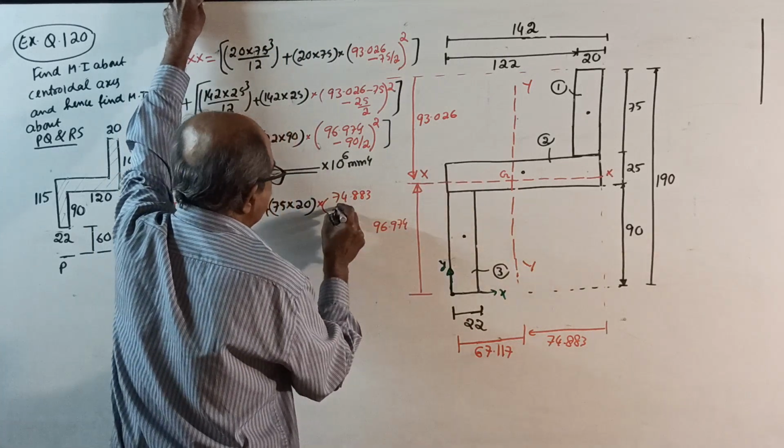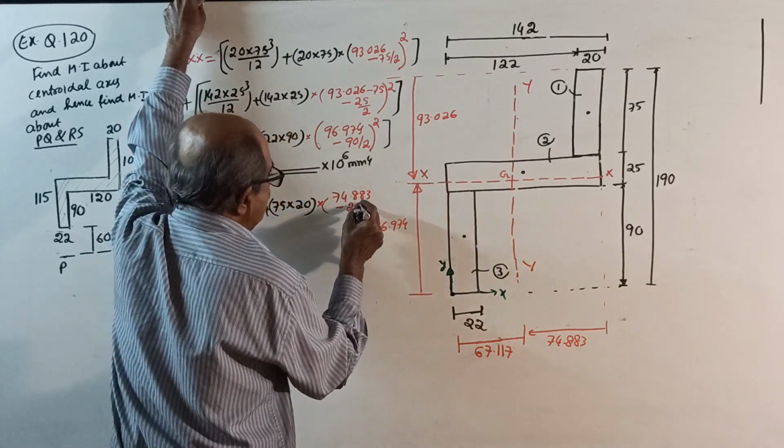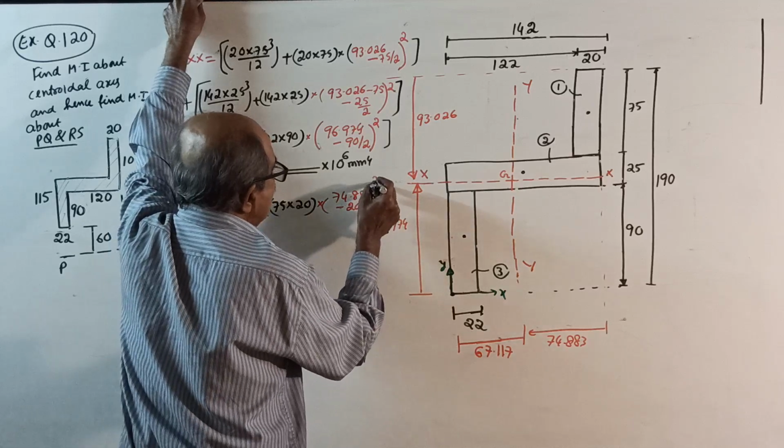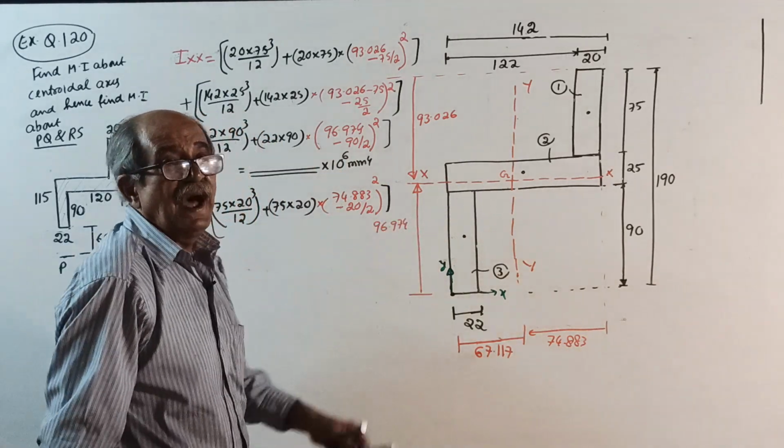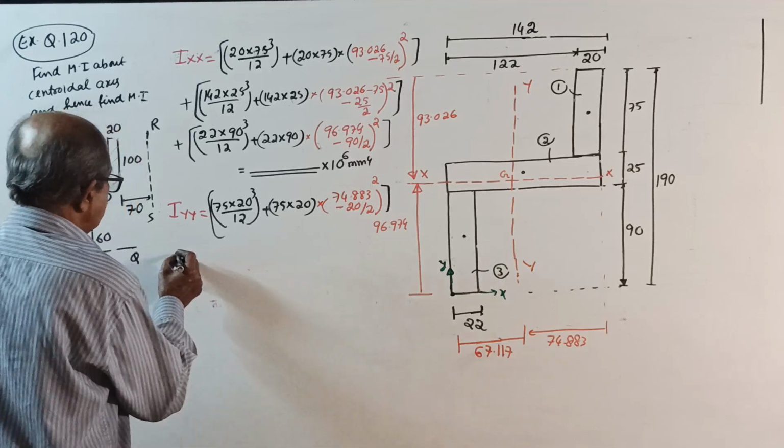74.883 minus 20 by 2, whole square. This pattern has been explained many times earlier.